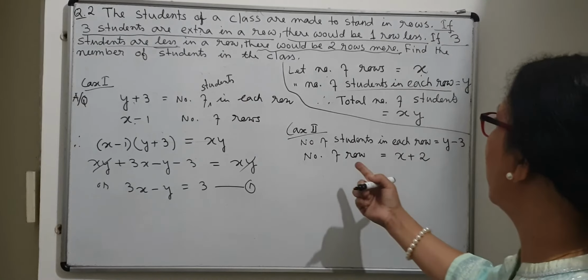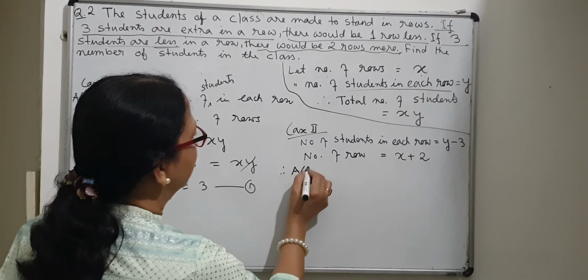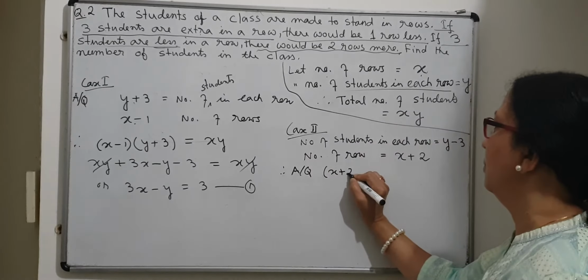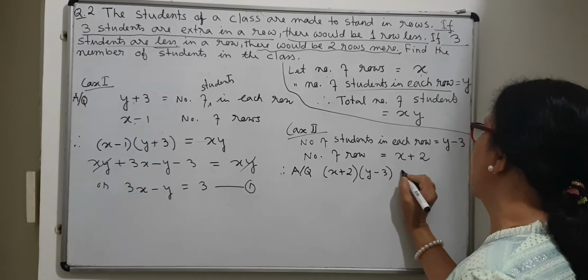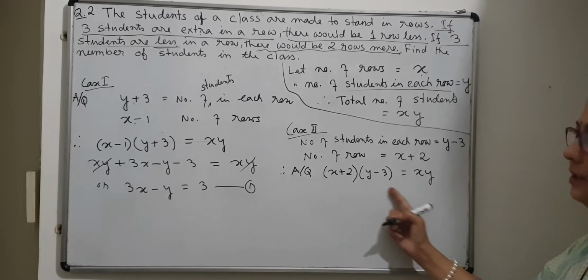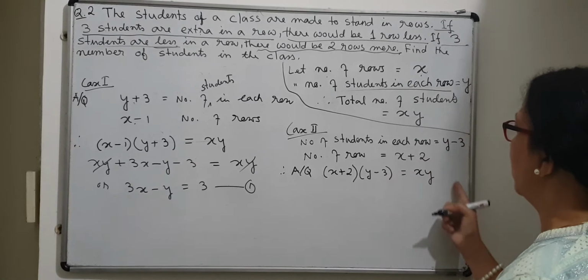So again, the total number of students will be the product of these two. Therefore, according to the question, x plus 2 into y minus 3 is equal to the total number of students, which is xy. Similar thing, number of rows into number of students in each row is the total number of students.